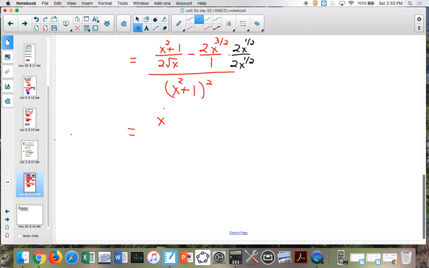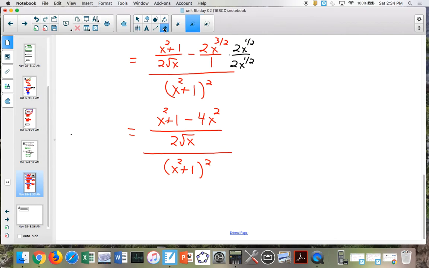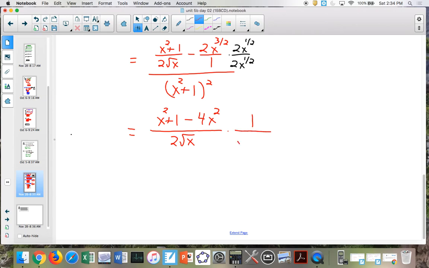I'm going to have an x squared plus 1 minus 4x squared, x to the 3/2 times x to the 1/2, that's x to the 4/2, which is x squared, over my common denominator. But remember, dividing by (x squared plus 1) squared is the same as multiplying by 1 over that.